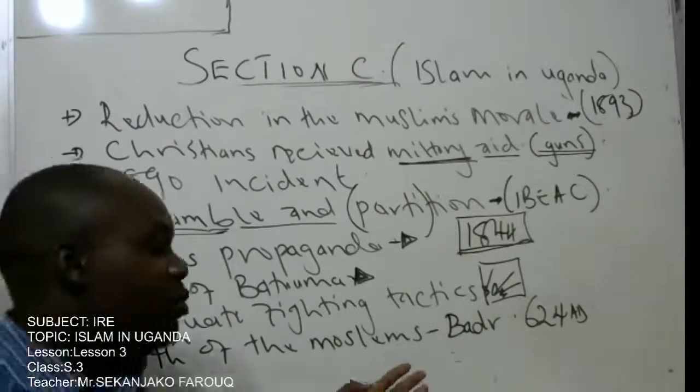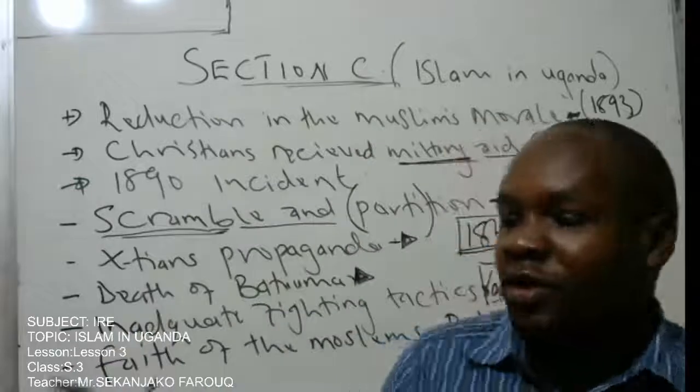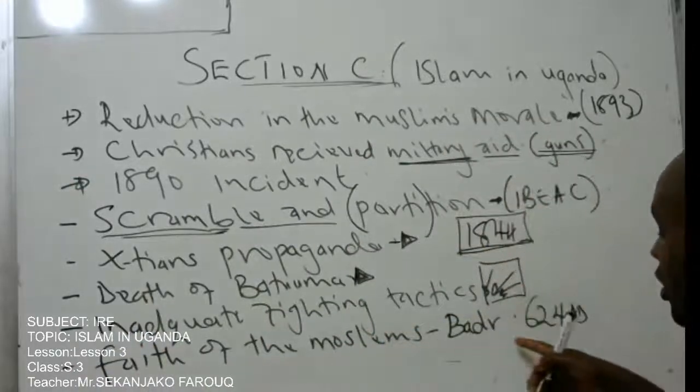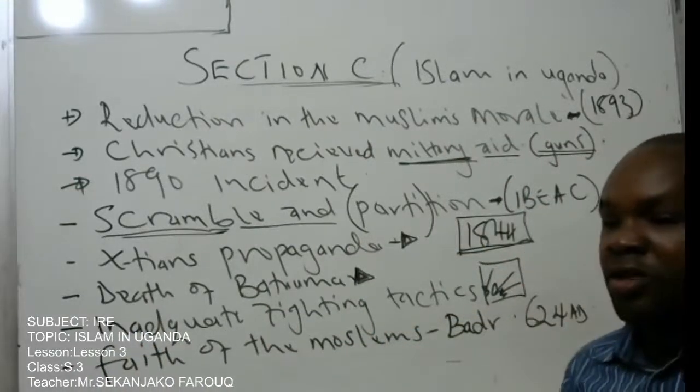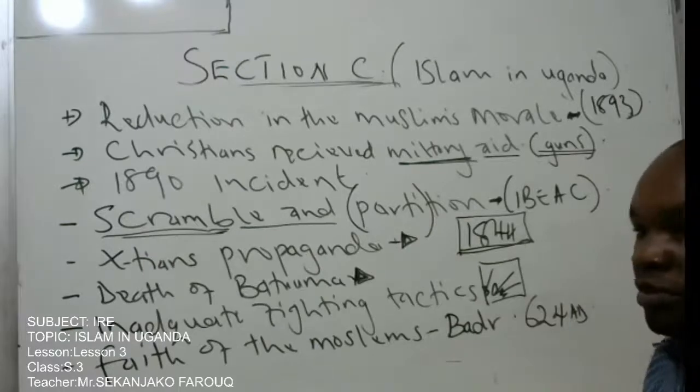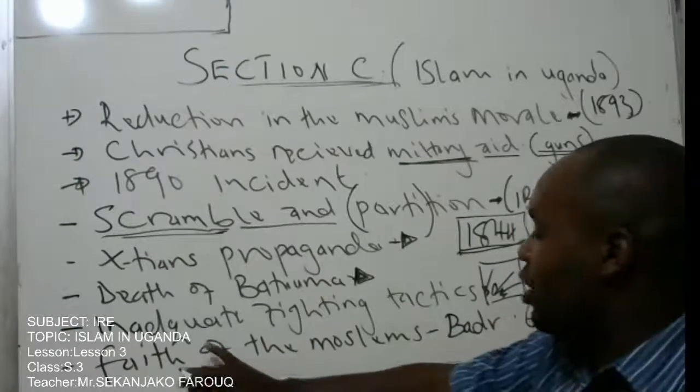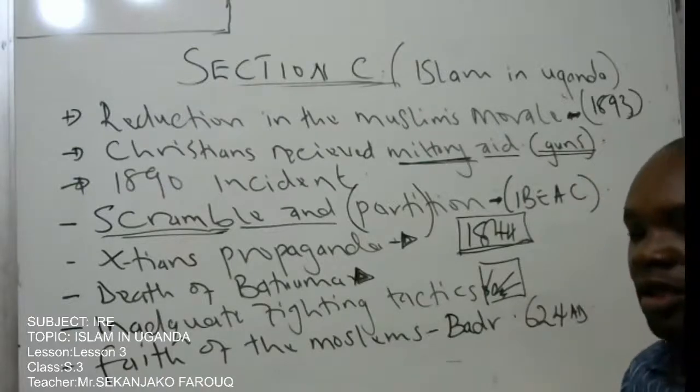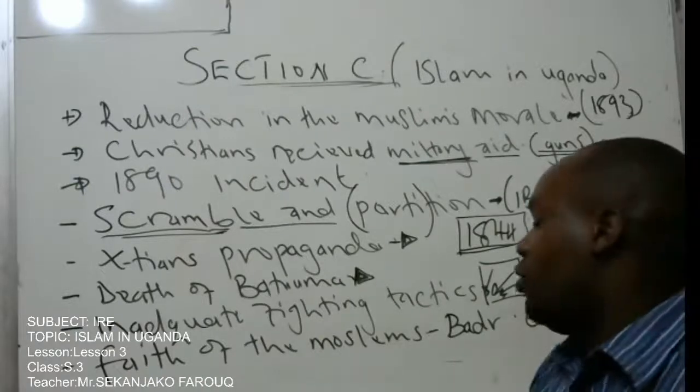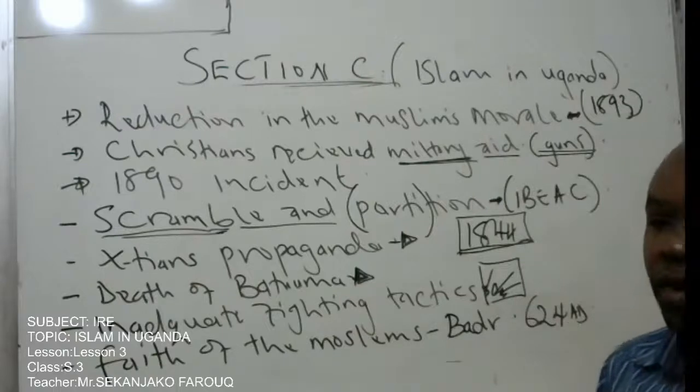So most of these Muslims did not fight with a lot of courage, in anticipation that Allah would help them, just like He had helped the early Muslims in the early days. So most of them did not fight with a lot of zeal and courage, because they anticipated that they would be given victory by Allah.